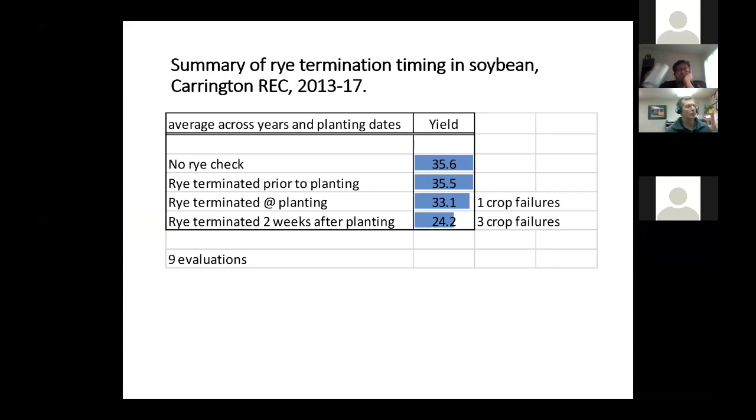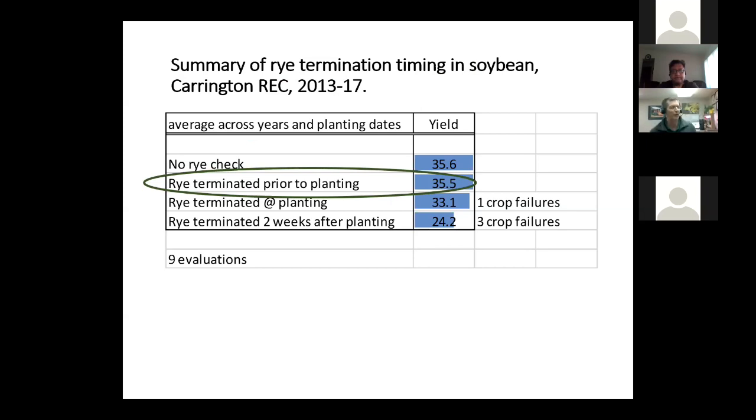I want to show you just a couple examples, some research we're doing. This one is from Carrington, and it shows the impact of termination time of winter rye in relationship to soybean planting. During this period of 2013 through 17, we had 9 different evaluations or trials. What we found was if we terminated the rye 2 weeks or earlier before soybean planting, that gave us the best chance of keeping our yields similar to the untreated check where no rye was present.